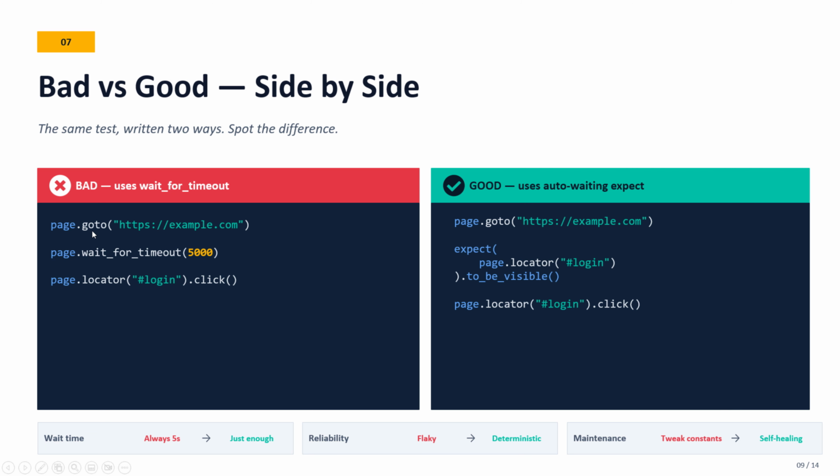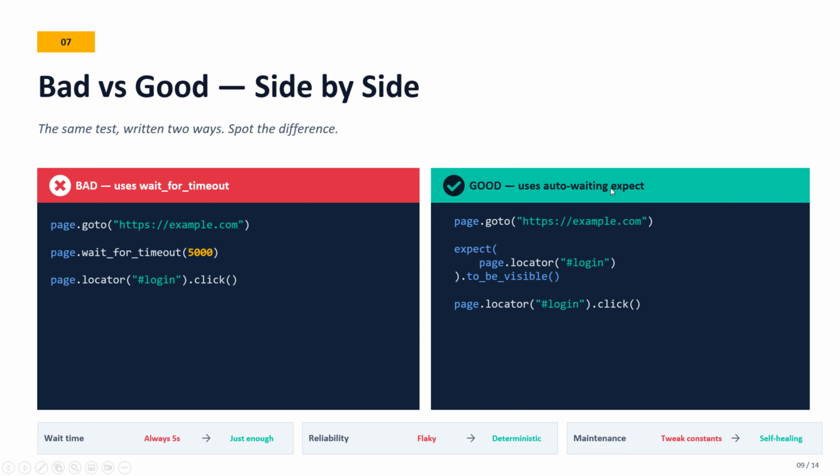So if we are using page.goto and then page.wait_for_timeout, then page.locator.click, this is a bad example of using a timeout. The good way is that you can go in this way.